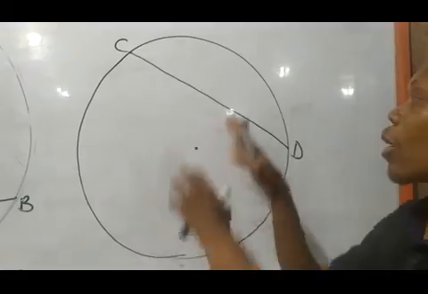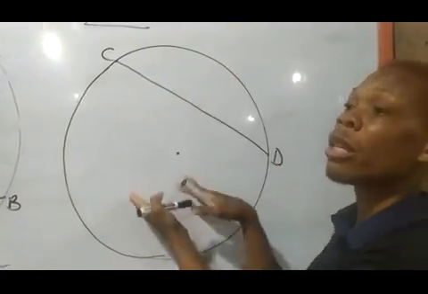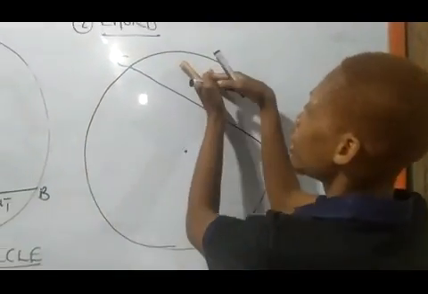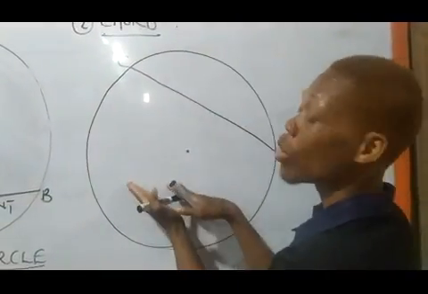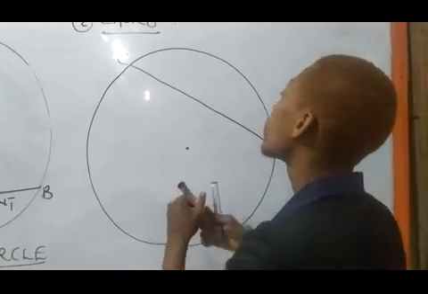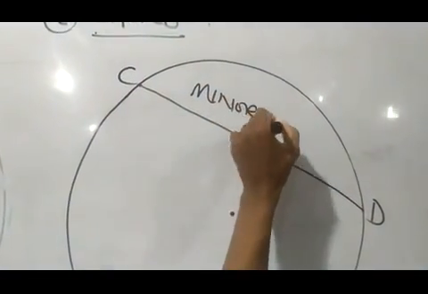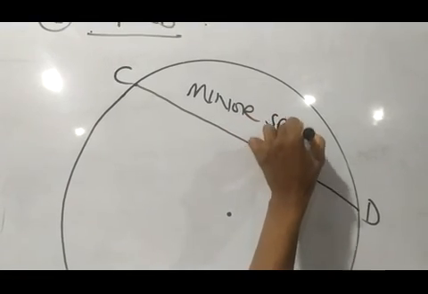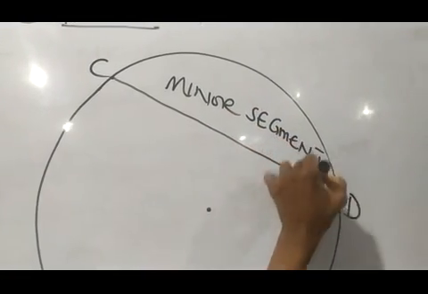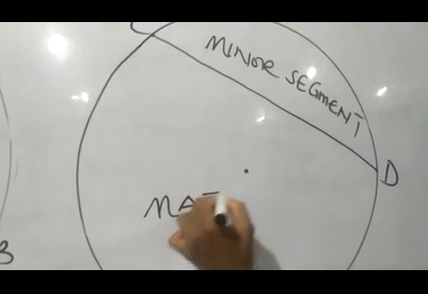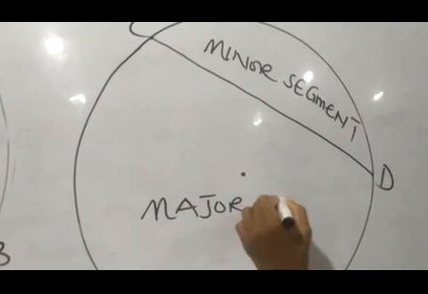And I said the chord will always divide a circle into segments. So this here is called a segment. This is also called a segment. This is the minor segment because it's smaller. And because this is bigger, we call this the major segment.